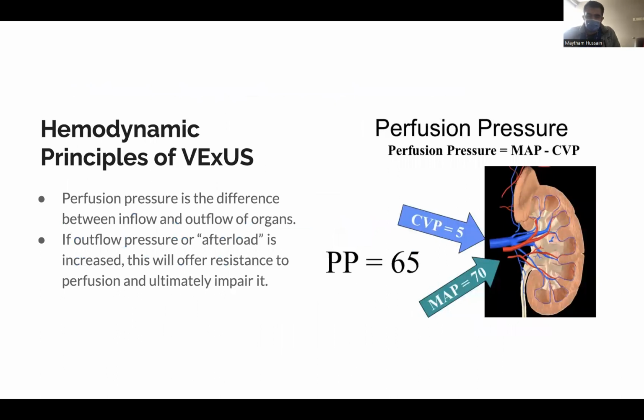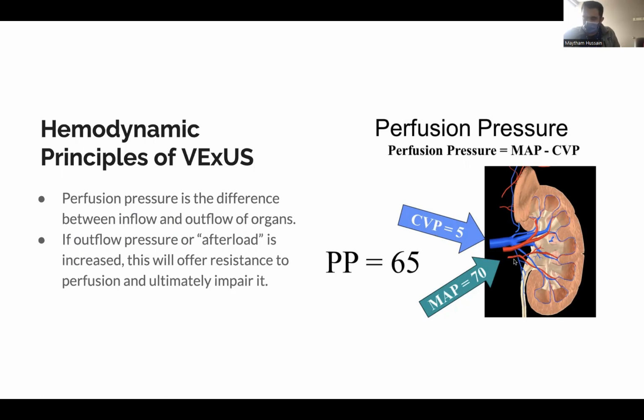So just some of the hemodynamic principles of VExUS. Whenever we talk about organ perfusion, usually the main focus is on mean arterial pressure. But when you talk about perfusion pressure, you're talking about inflow and outflow. So the perfusion pressure is actually a gradient between the mean arterial pressure and the central venous pressure. So you can imagine if your central venous pressure goes up, your perfusion pressure will decrease.